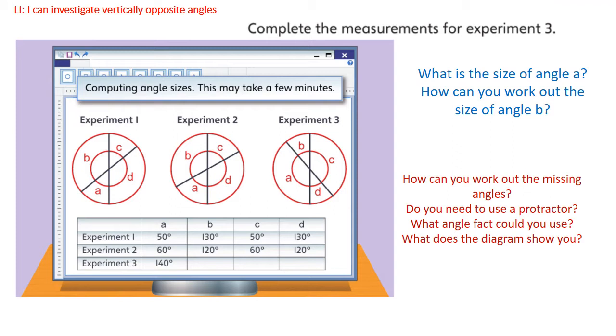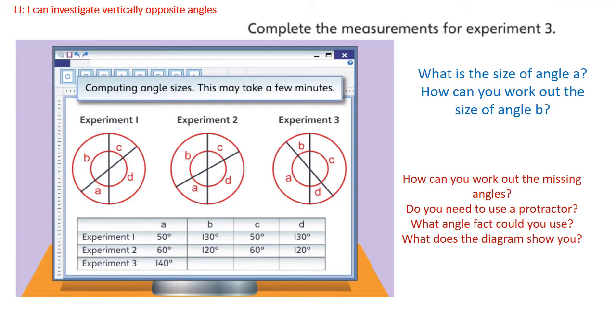So our first question, we've got a table there and it's asking us to complete the measurements for experiment C. Let's look at angle A first of all. So in the table, it tells us that angle A is 50 degrees. So how could we work out what angle B is?